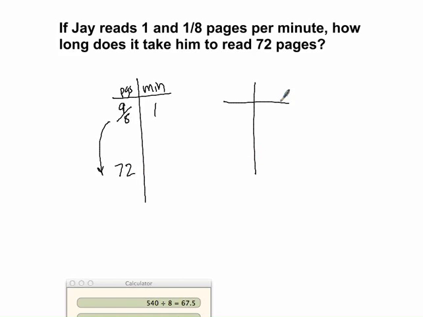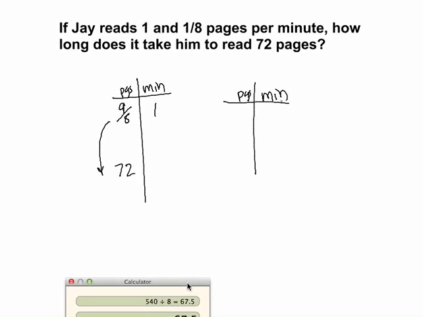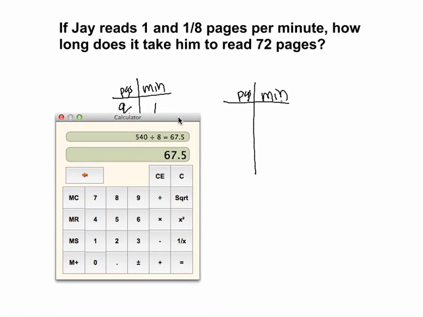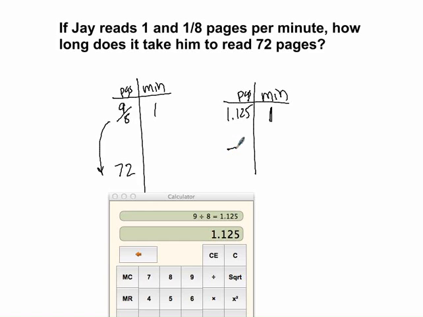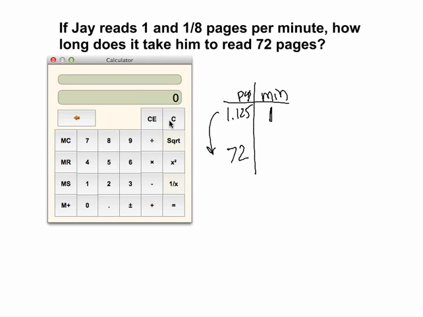This is an example where I might be more comfortable solving this in decimals, knowing that 9/8, remember, was 1 1/8, 1.125, because you could do 9 divided by 8 too, 1.125 in 1 minute. How do I get to 72? You would need to think, what am I multiplying by? So you can do fact families, do 72 divided by 1.125, and you're multiplying by 64. So it'd be 64 minutes.